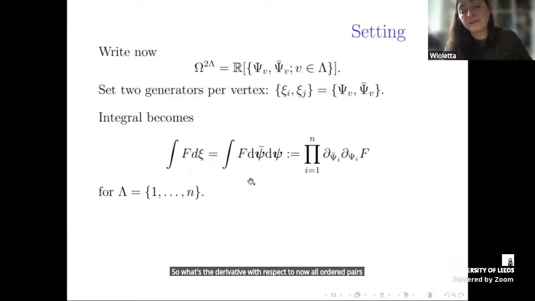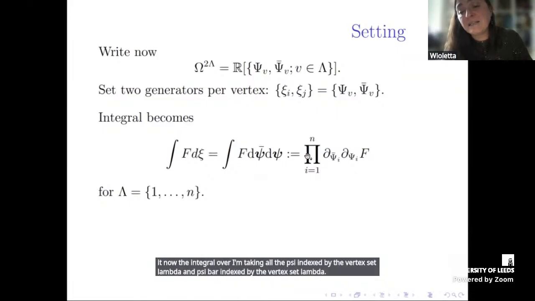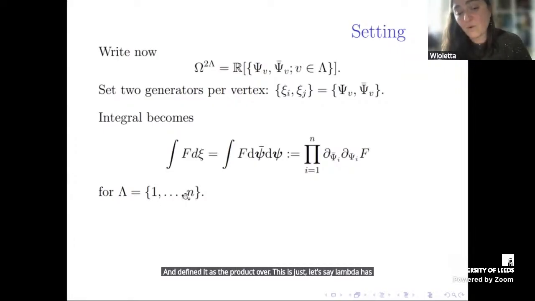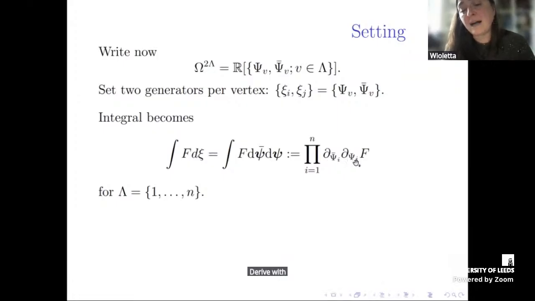I want to make it now the integral over, I'm taking all the psi indexed by the vertex set lambda and psi bar indexed by the vertex set lambda, and defined it as the product over, let's say lambda has the ordered index set 1 to n. So I'm taking the product over all pairs of psi bar I, psi I, the derivative with respect to psi bar, derivative with respect to psi I of my polynomial f.